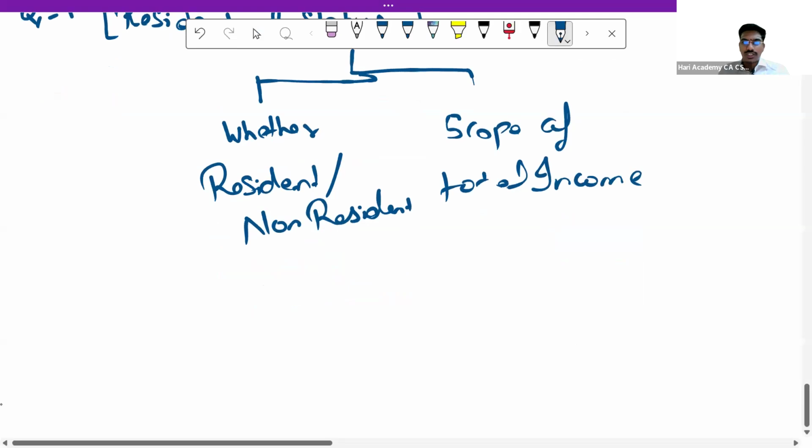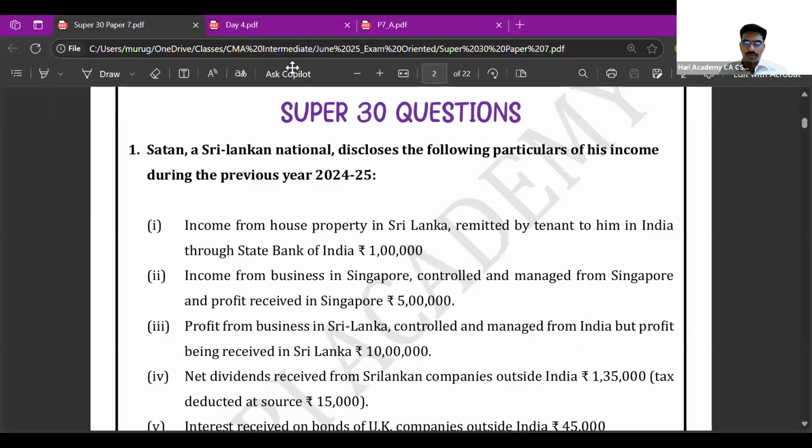The first question which we are going to deal with today is in relation to scope of total income. Let me share my screen itself.